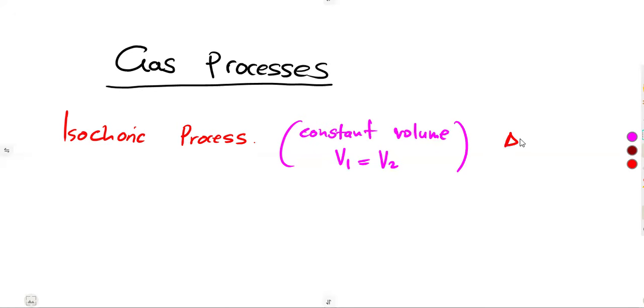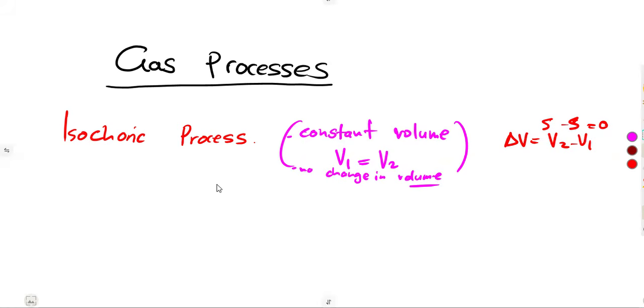Because remember, the change in volume is supposed to be V2 minus V1. So if it's the same, maybe it's 5 minus 5, meaning to say we're going to get what? A 0. So for a constant volume, it simply means there is no change in volume in actual sense here.